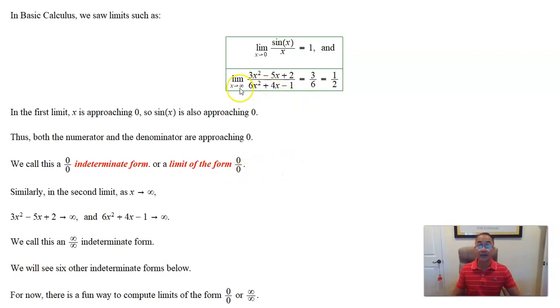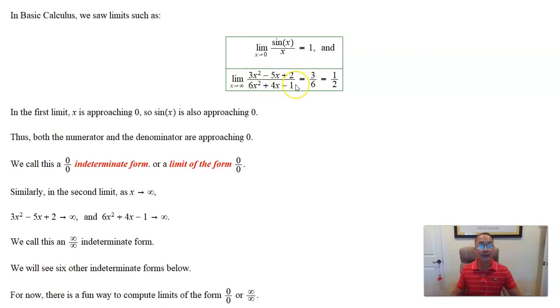Now, a little later on in calculus, you learned about horizontal asymptotes. We have also seen this in a recent video where we talked about limits at infinity. So if you don't remember that video, go back and check it out. So we said, if you have a quadratic, let's say, divided by another quadratic, the degrees are the same in the numerator and the denominator.